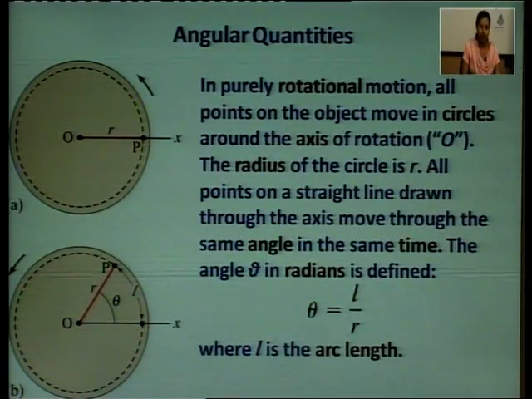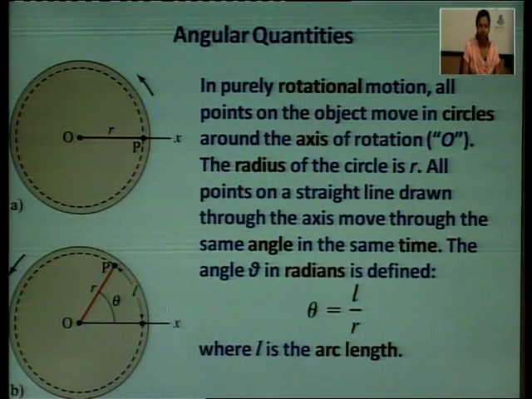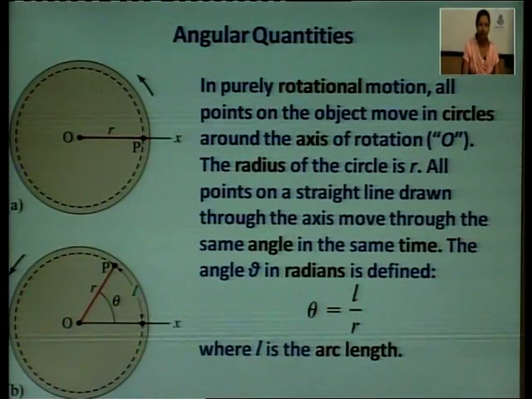According to that we will define its angle. Angle is arc upon radius. So, angle is theta, arc is L and radius is R. So, theta is L upon R. Theta is called angular displacement.